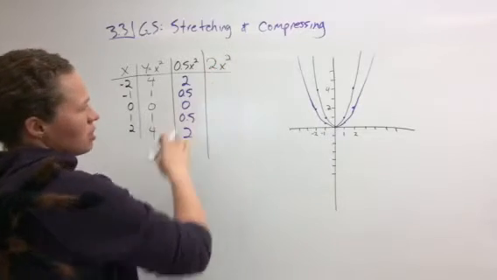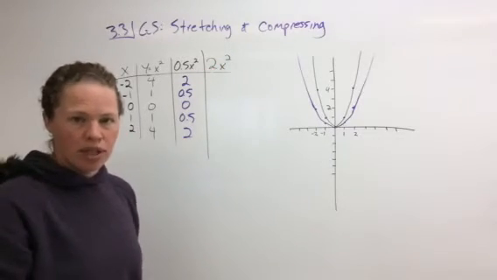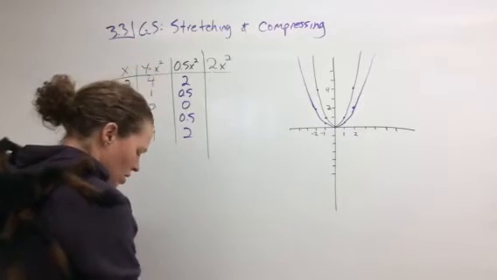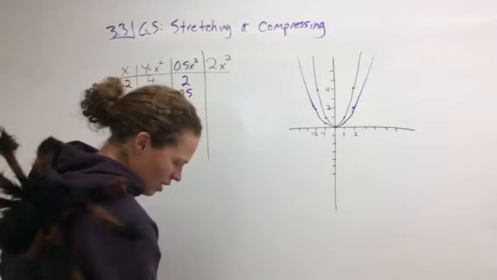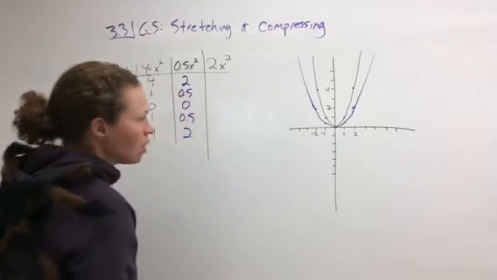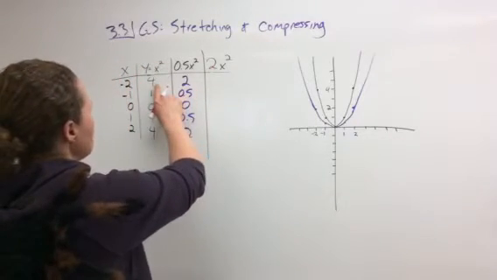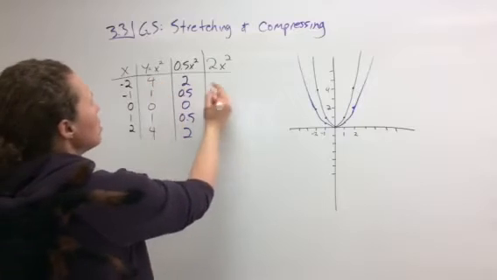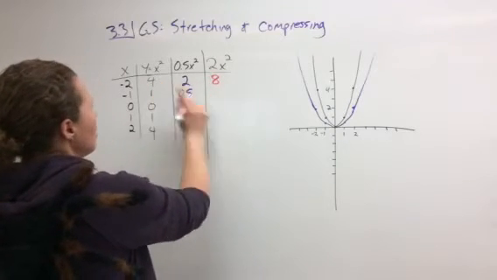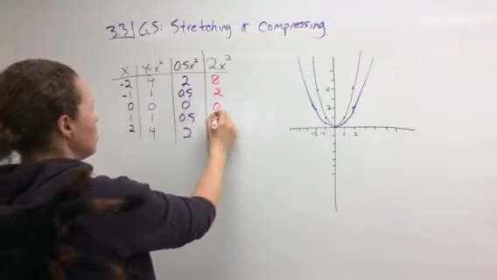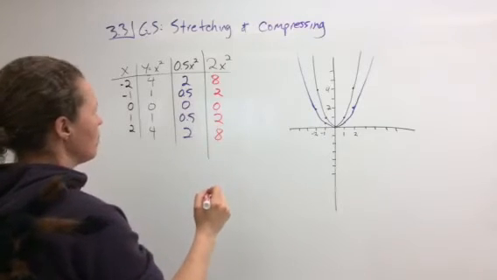All right. Now they want us to try 2x squared. So now we're multiplying it by a whole number greater than 1. And you can probably guess that the opposite thing is going to happen. So, let's see here. 2 times the original function gives me 8, 2, still 0, 2, and 8.